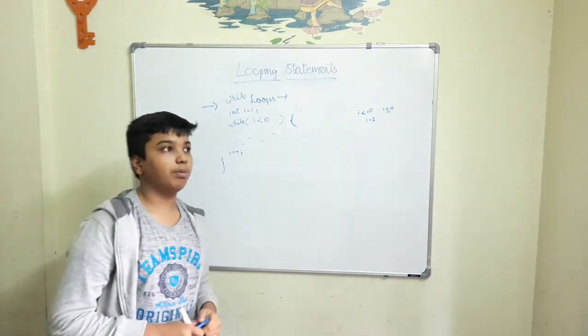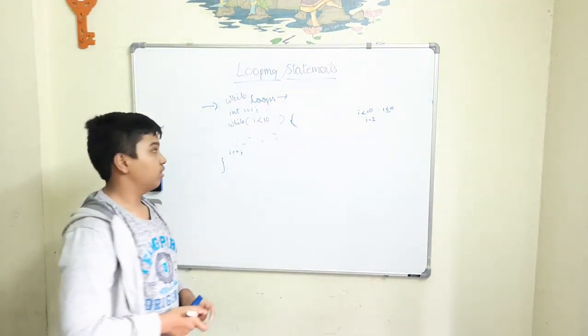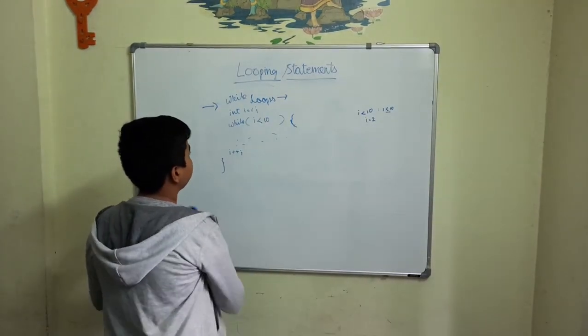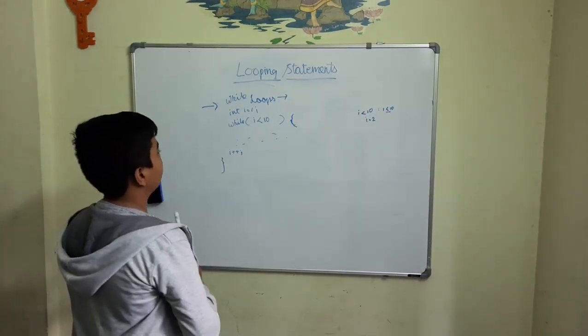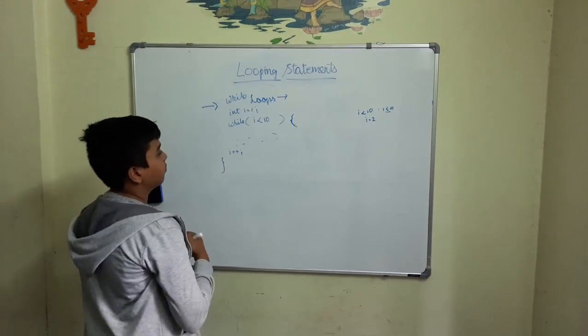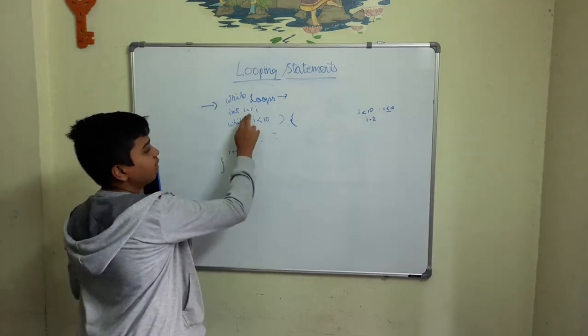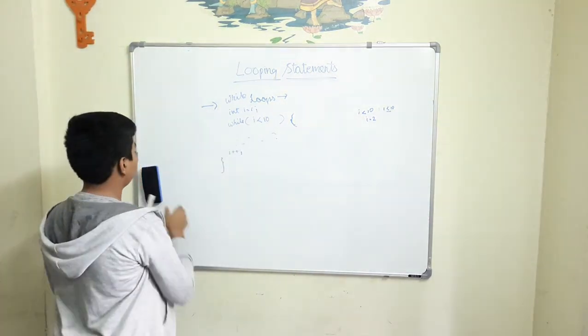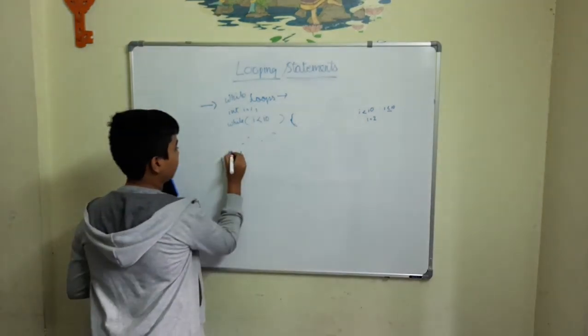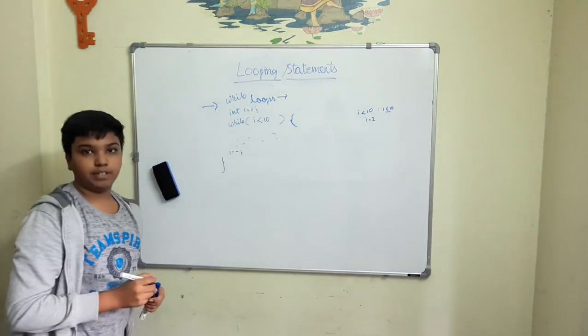Now you can use this loophole to hang your system, by keeping it an empty loop. For example, you give int I equals 1, I is less than 10, and instead of giving I plus plus over here, you give I minus minus.